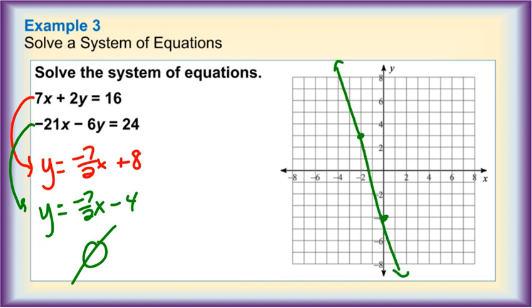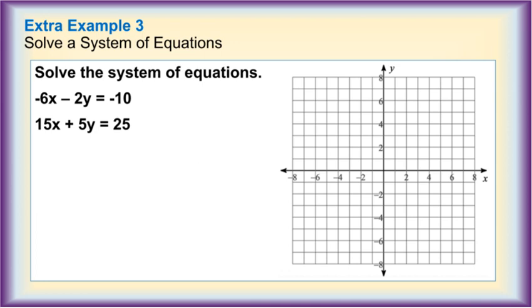And then the red one, put a point at 8, and go down 7 to the right 2. There you can see the lines never cross because they're parallel, so no solution.